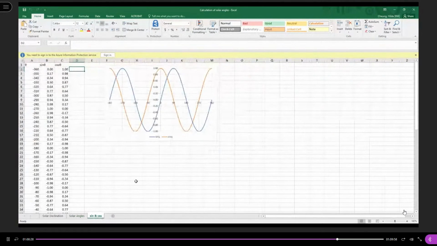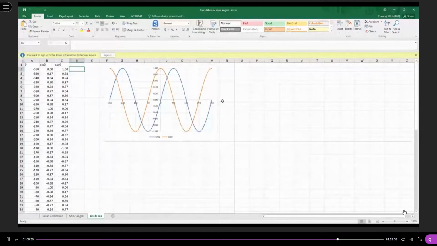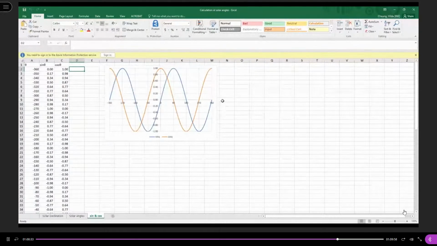And I want to remind you that in the equations, we use sine and cosine to calculate the angles. But there is more than one angle that will give you the same sine theta or cosine theta value. So for example, maybe negative 60 degrees gives you sine theta of this value.